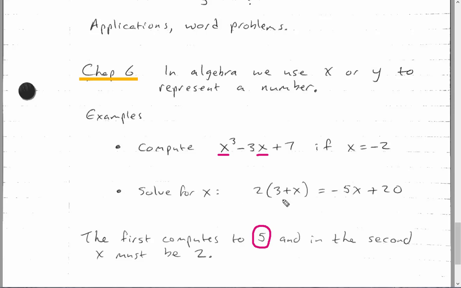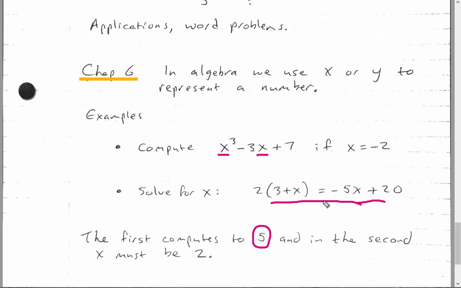The other thing we'll look at is solving linear equations. Here's an equation. The question is, can we solve it? Can we find what number goes in for x to get a true equation, to get the left side to equal the right side?